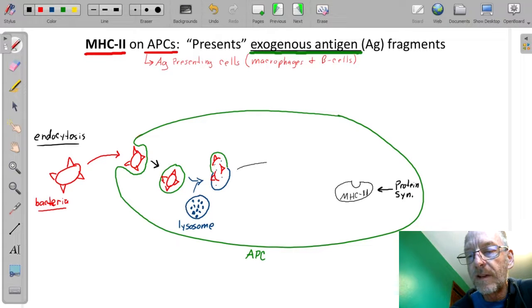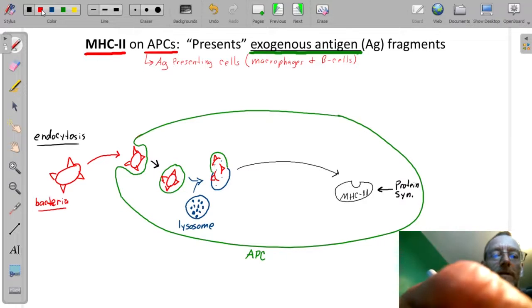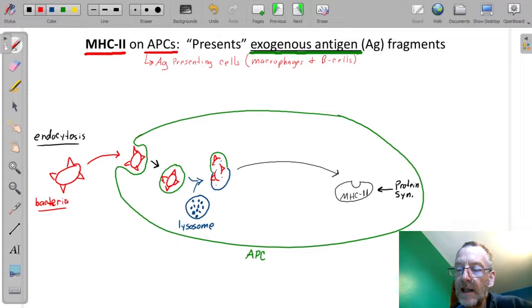What we have is that those fragments then get stuck in the groove, and there's a piece of that original bacterial membrane with the antigen that's stuck to it. So this was our bacterial antigen fragment after digestion. I'm abbreviating fragment. And then this gets exocytosed to the membrane also.